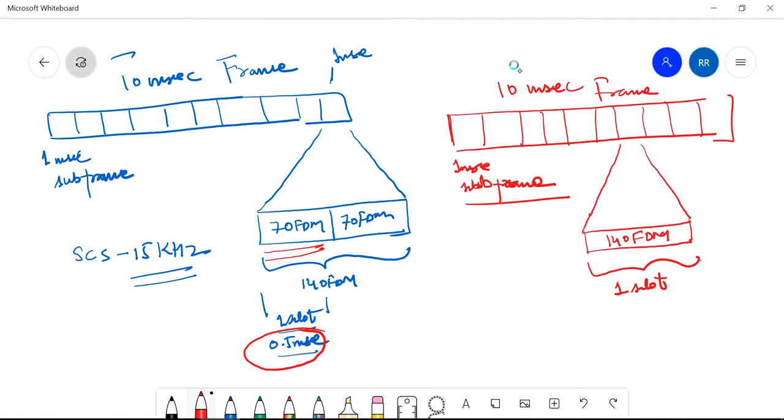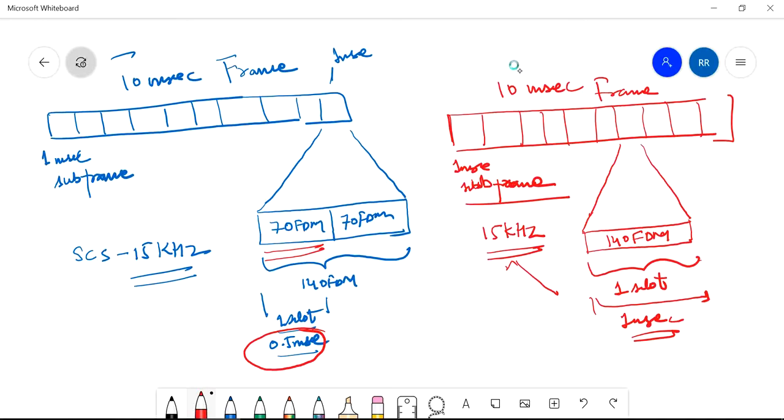And if it has 15 kilohertz subcarrier spacing, then it is 1 millisecond, just in case of 15 kilohertz subcarrier spacing. Okay, now this is 14 OFDM symbols.